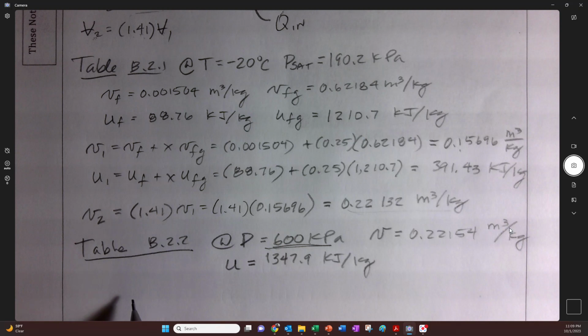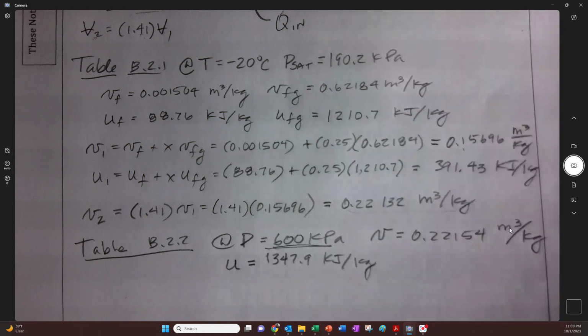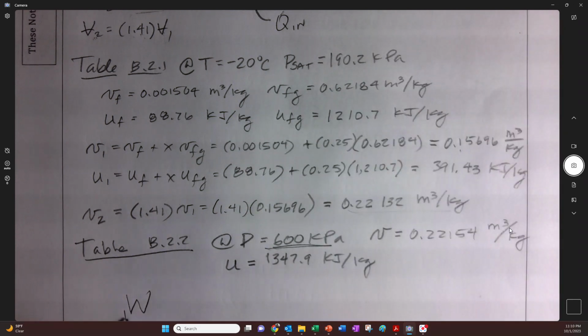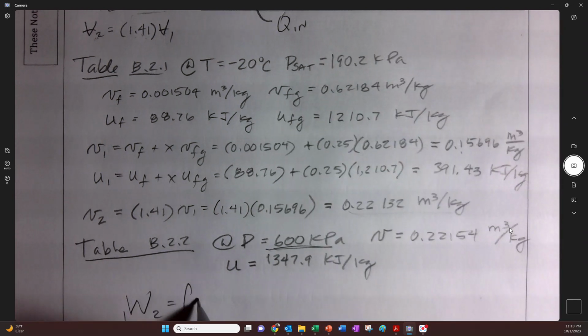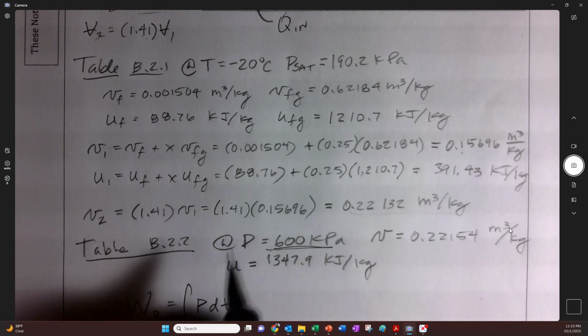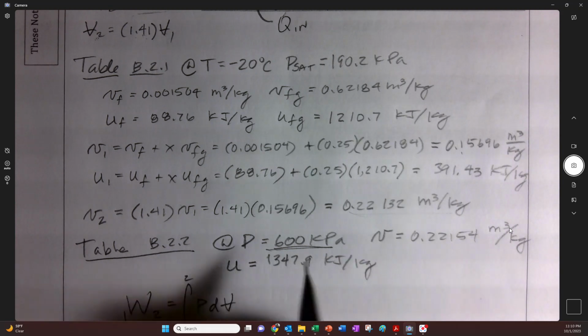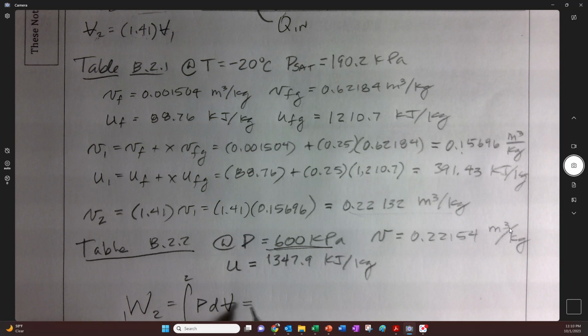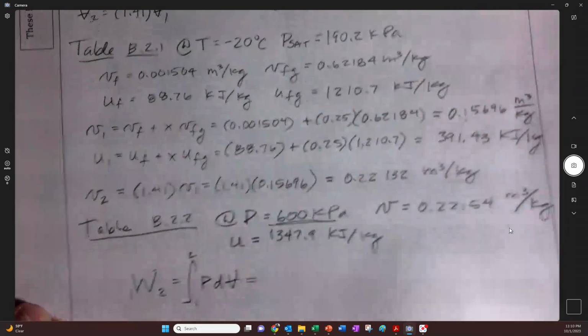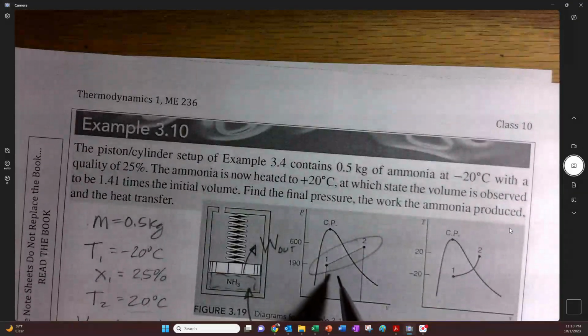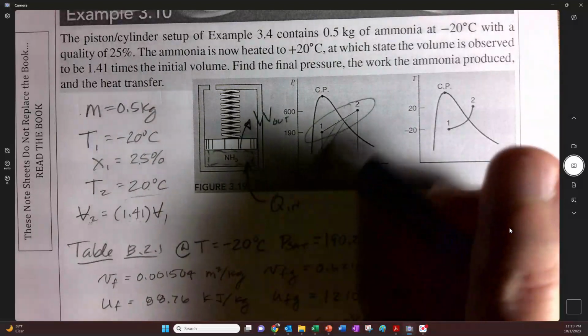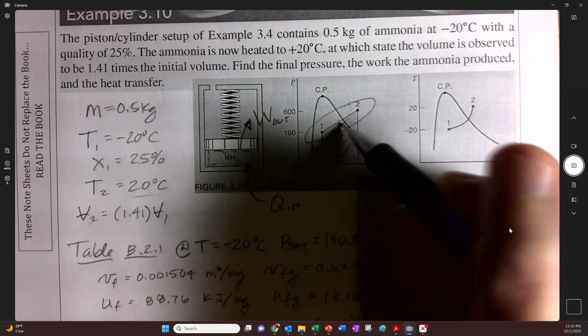And then we want to find the work. So the work from 1 to 2 is obviously equal to the integral of pressure per change in volume from state 1 to state 2. But we have a linear relationship, and it's easiest for us to think of this as being the area underneath here as a trapezoid.